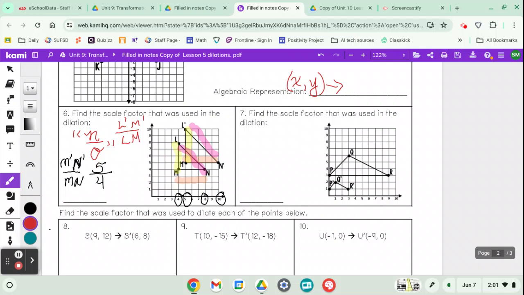So we're going to use any sides where we can determine how long they are or how tall they are. So back to LM, 4 to 8 for the denominator. The numerator, 5 to 10, is 5 units. 5/4 equals 5/4, so that is your scale factor. 5/4.